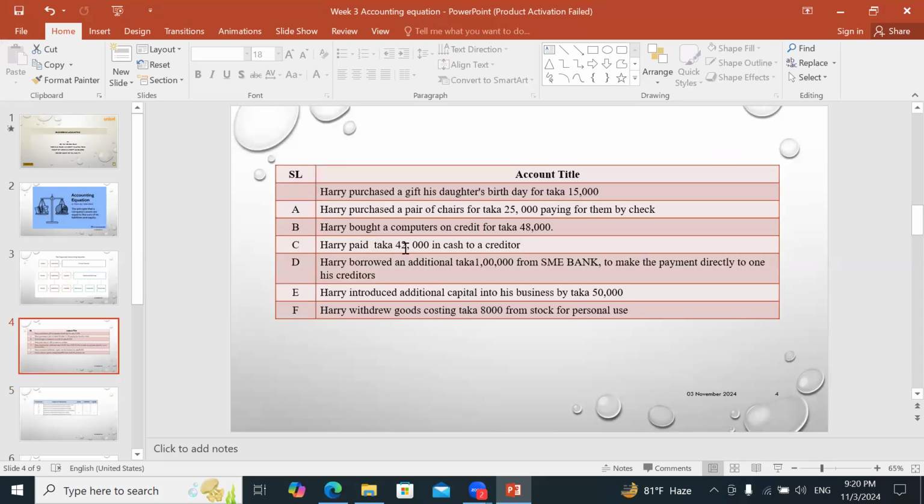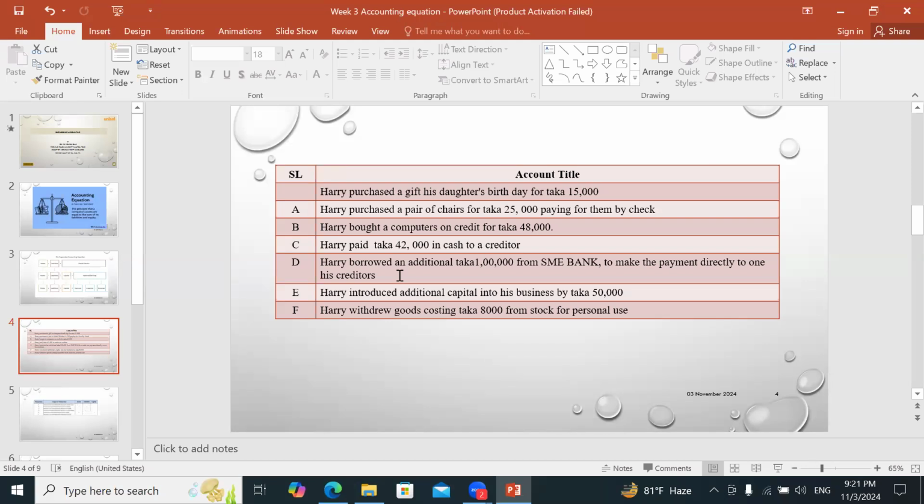Another item: Harry borrowed an additional taka 1 lakh. For an international student, you cannot understand 1 lakh. It's 100,000, exactly. 100,000 from SME bank.